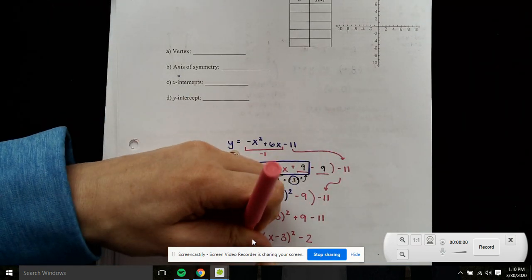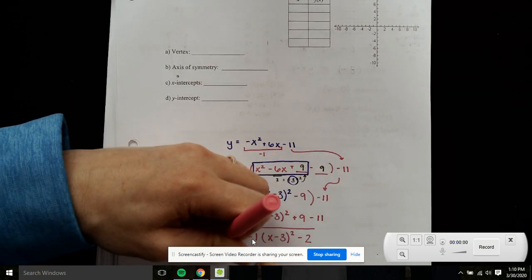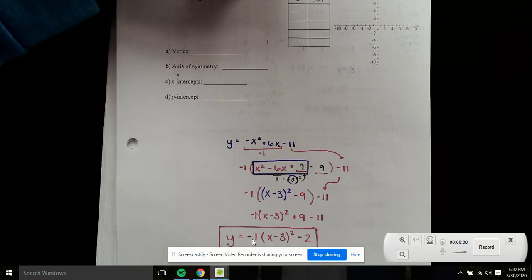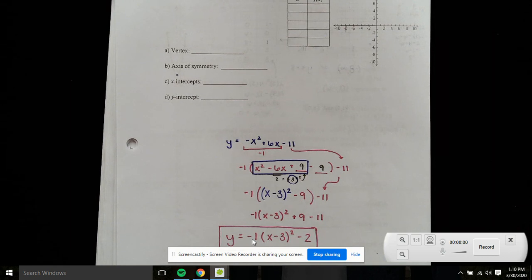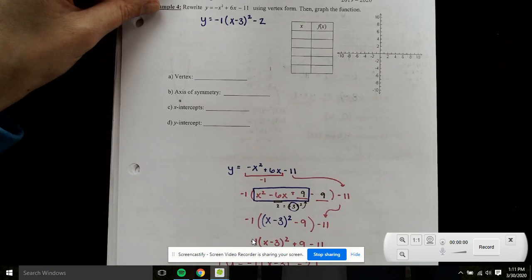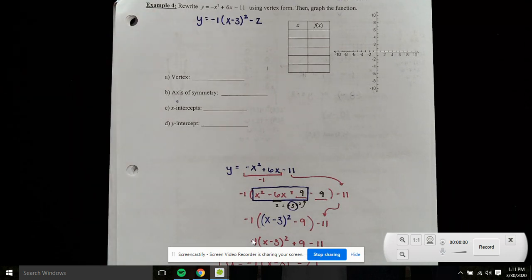So here is my new equation: y equals negative 1 times x minus 3 squared minus 2. Now I rewrote this up here so that I could use it while I'm graphing.